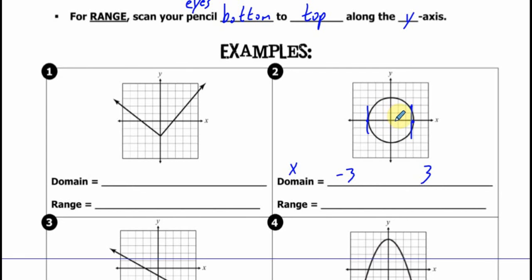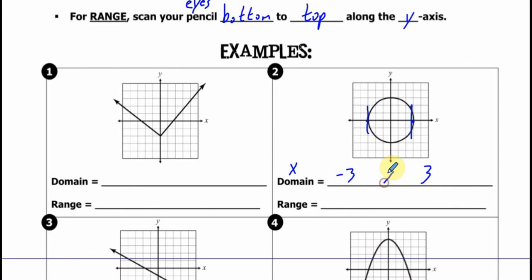But what about 0.2? What about -1.5? What about 2.9? What about 1.7893? What about -0.5219? There's all kinds of numbers between -3 and 3. We don't want to just pretend we're living in a world where there's just whole numbers. So it's everything that's between -3 and 3.